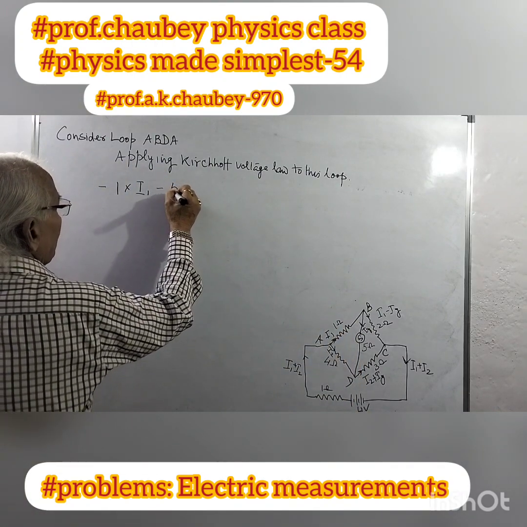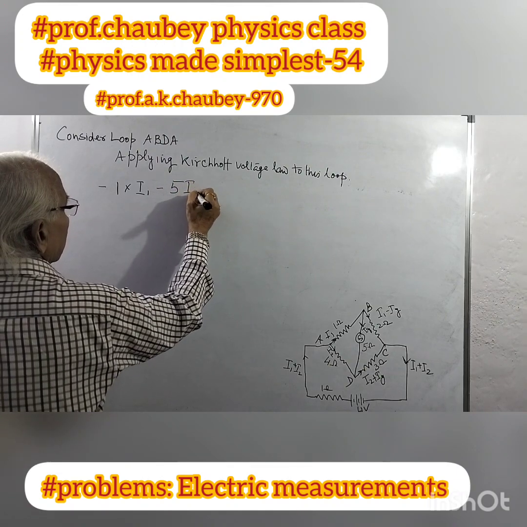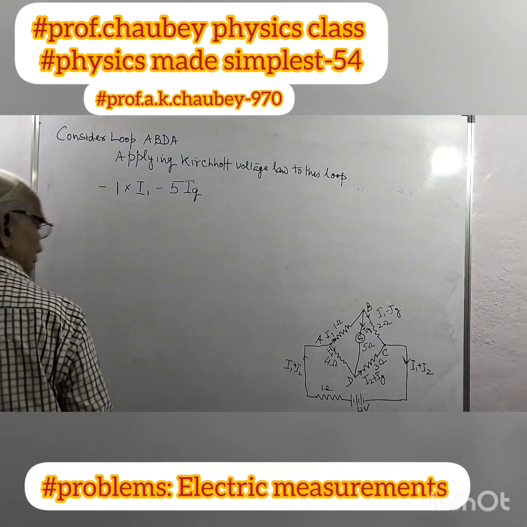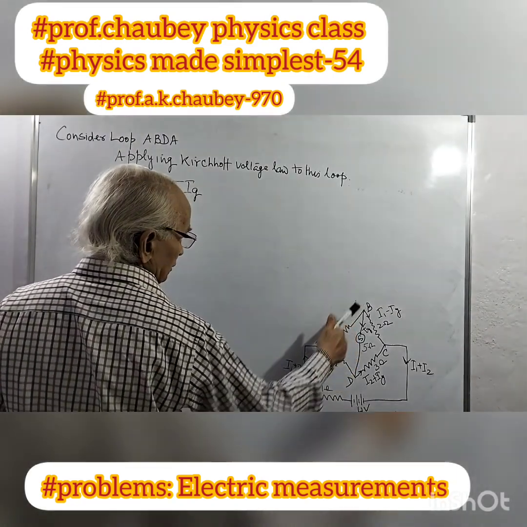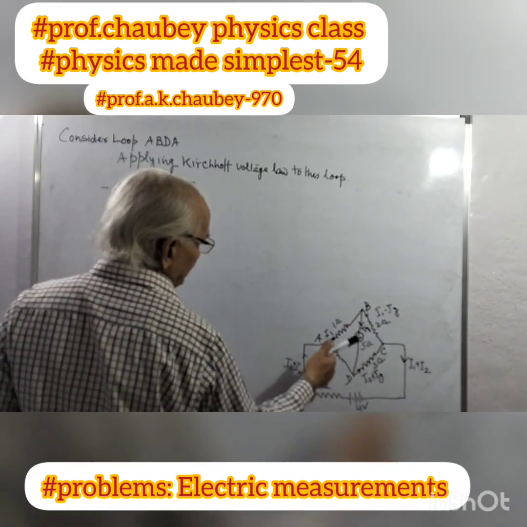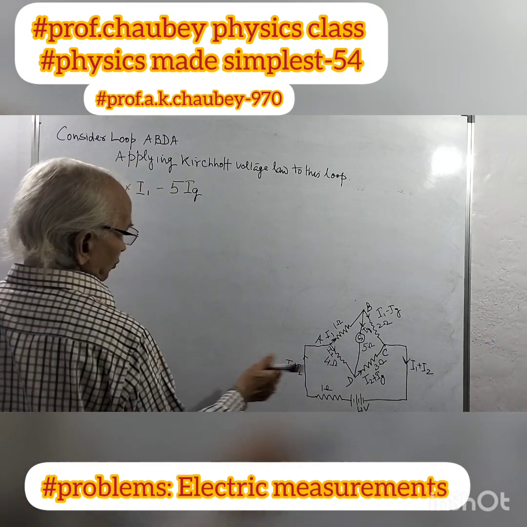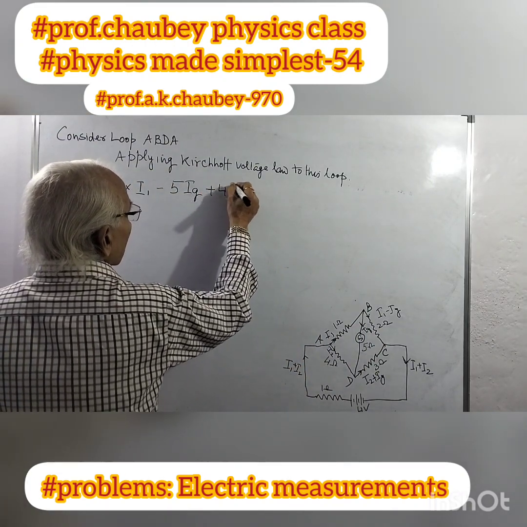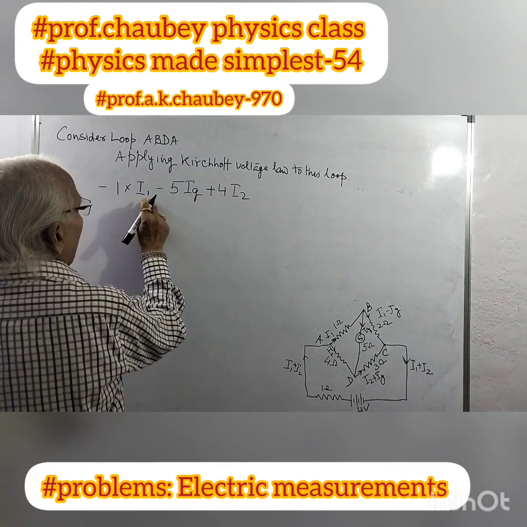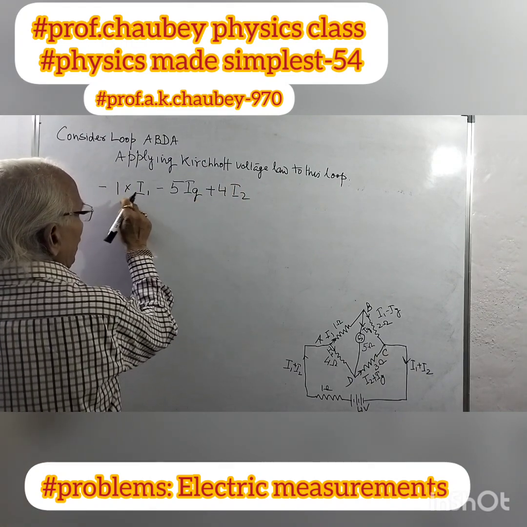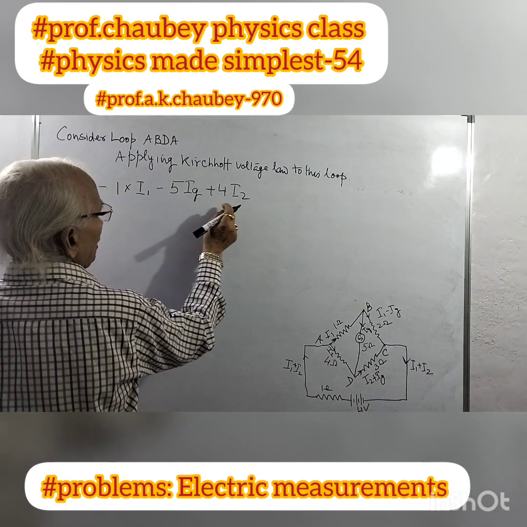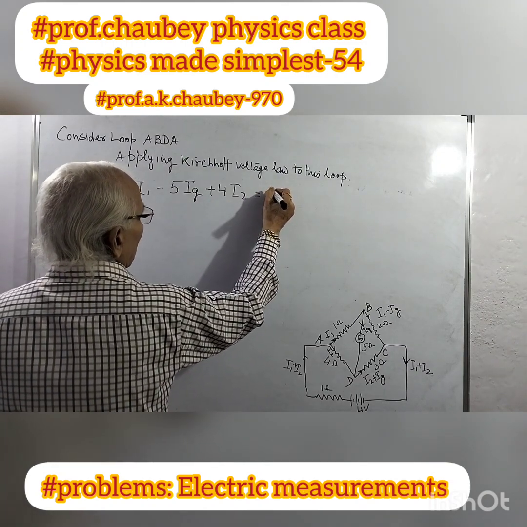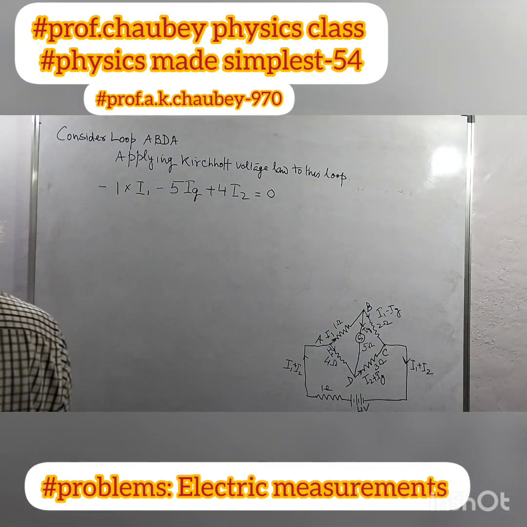So minus 5 into Ig, and the other is plus. This is the clockwise, this is the anti-clockwise. So plus 4 resistance into I2. So these are IR drops, potential drops, I into R. And there is no applied source, so the voltage source is 0.